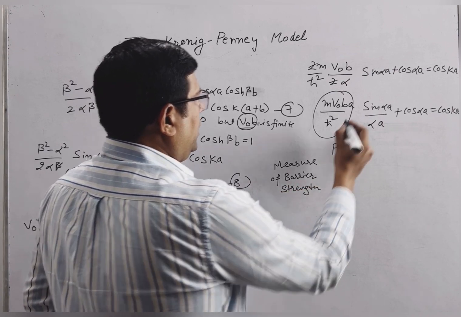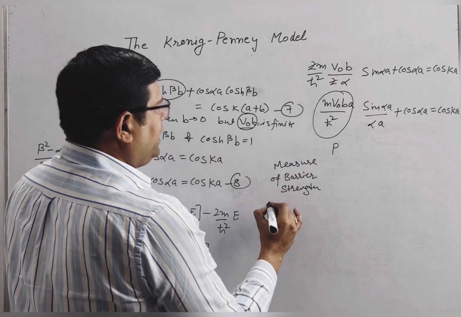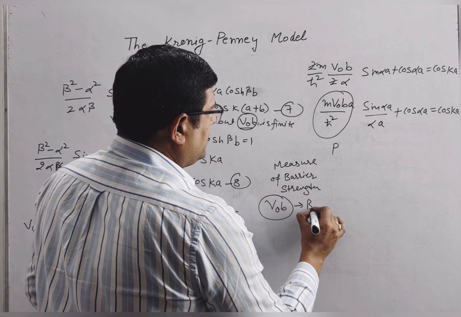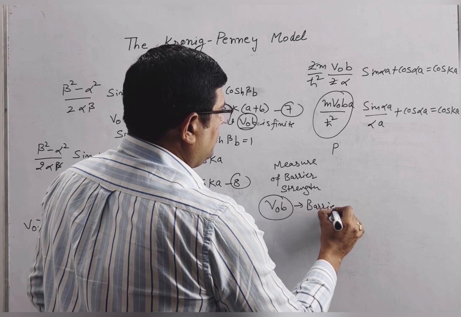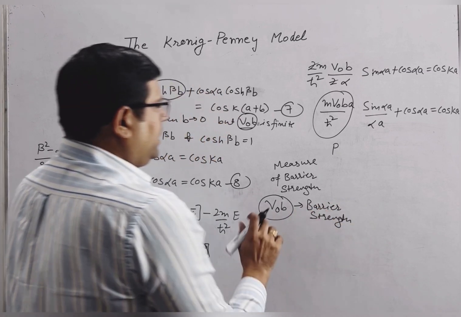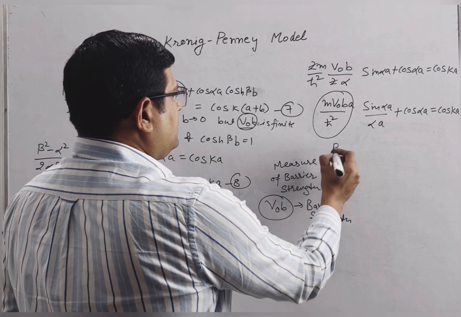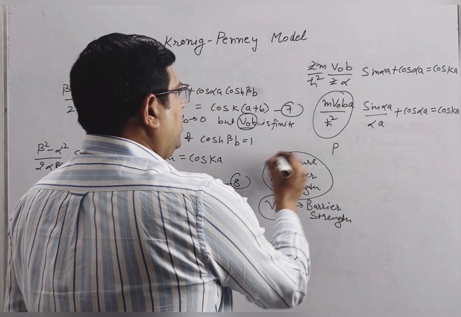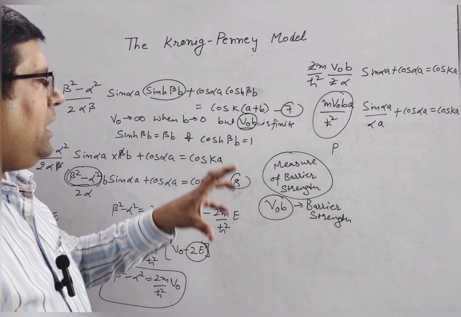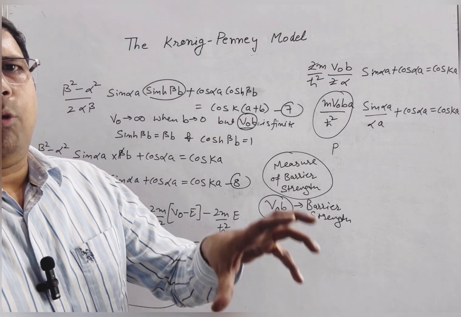Barrier strength is V naught b. This P is a measure of barrier strength, that is, how tightly the electron is bound to the potential well.